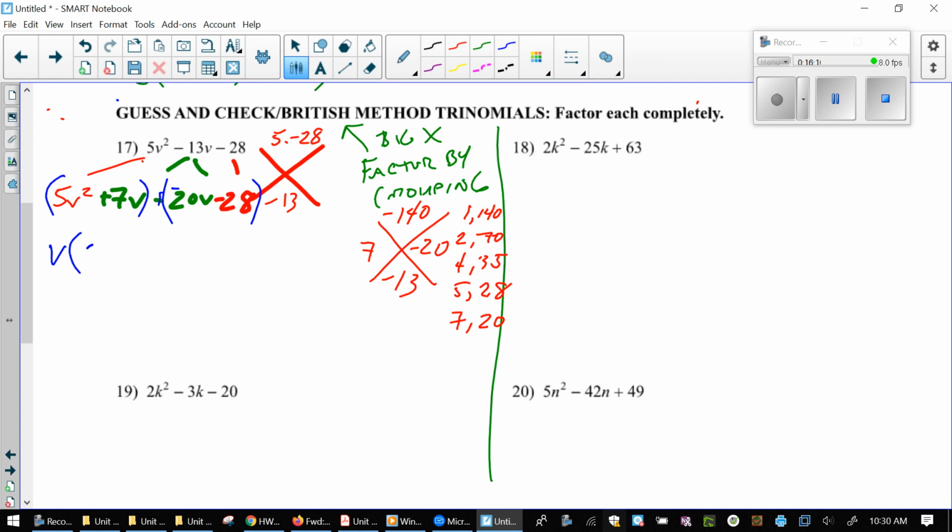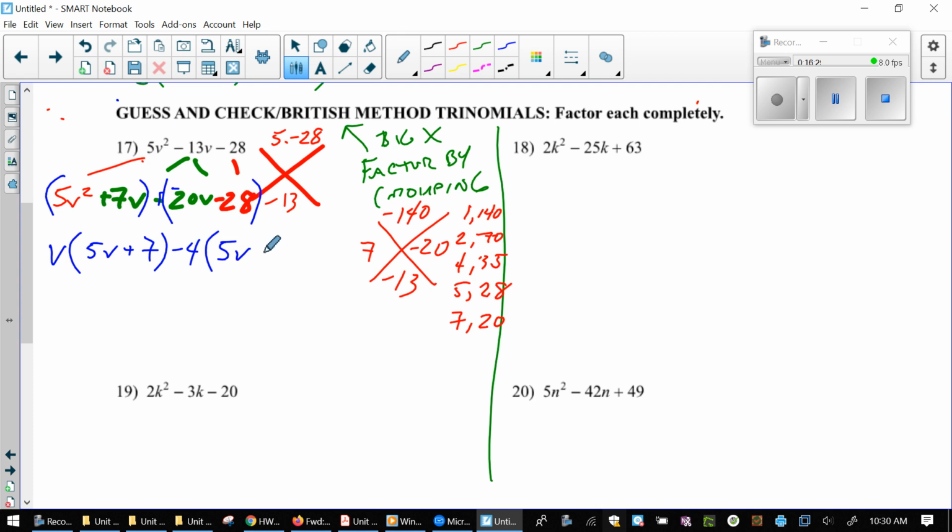5 and 7, no common factor, so all I can take is a v. So I still have 5v plus 7. And negative 20 and negative 28, I can take out negative 4. So remember, I want this to end up being the same thing over here.